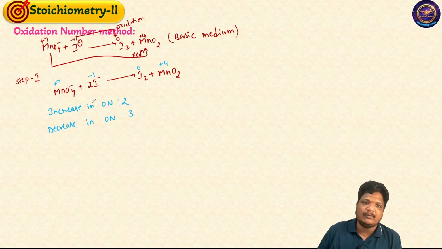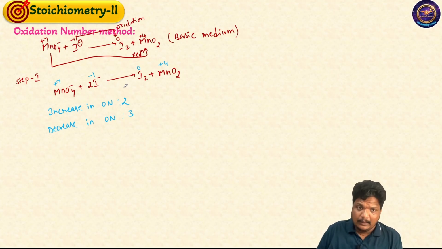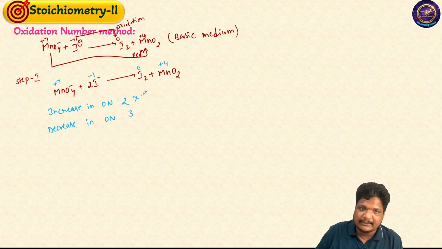You have to equalize these increase and decrease in oxidation states. By multiplying with 3, you will get 6, and by multiplying with 2 you will get 6.